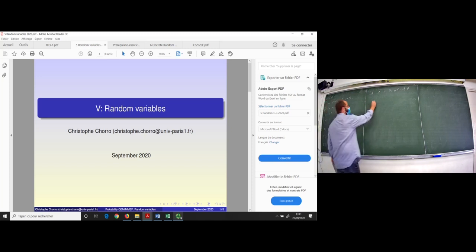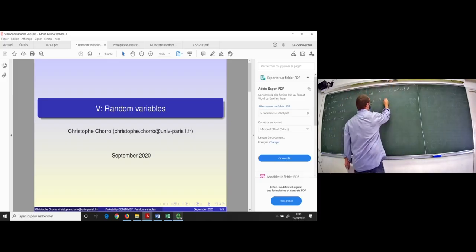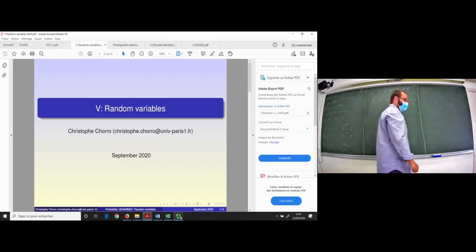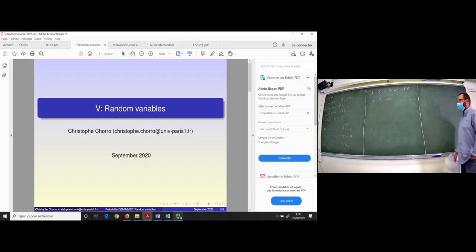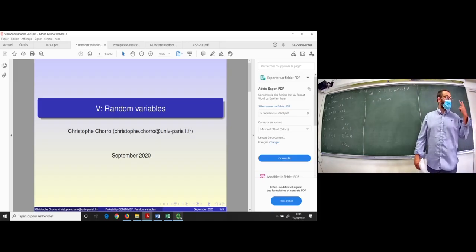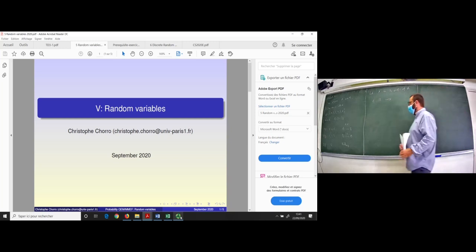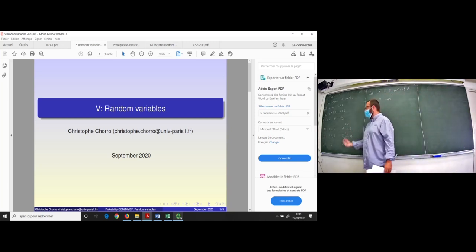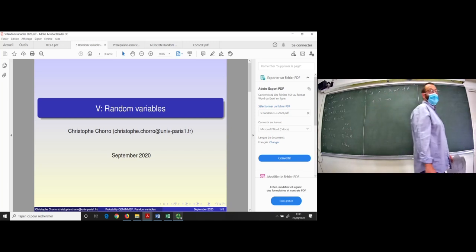So capital X can be seen as a mapping from omega into what? How many possible values for capital X? If I obtain 4, my profit is 0, nothing happened. If I obtain 2, 3, or 5, my profit will be 2. And if I obtain 1 or 6, I can say minus 1, it's a negative profit.